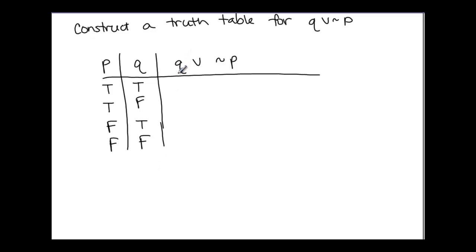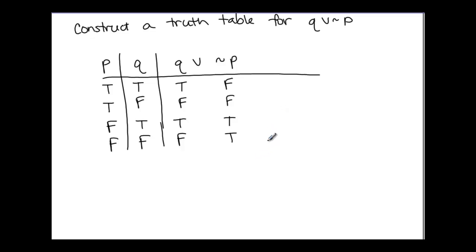Then I would repeat the Q column: true, false, true, false. I want the negation of P here. The negation of P would be false, false, true, true.